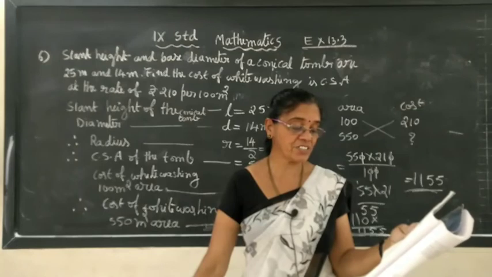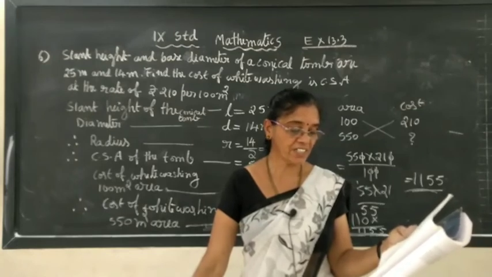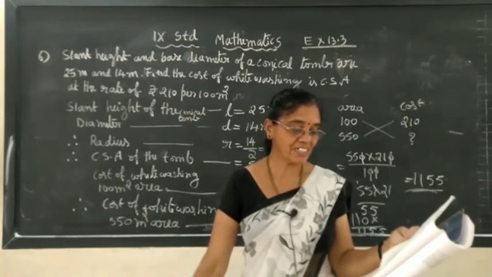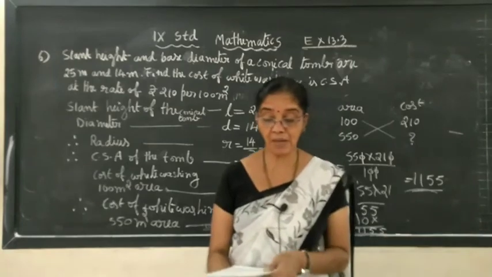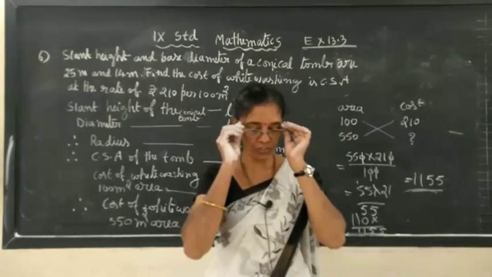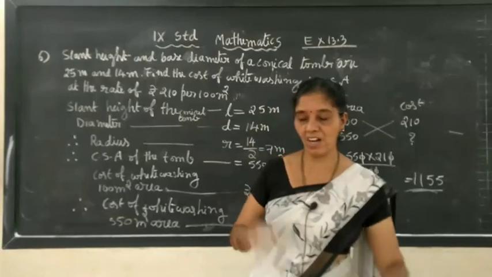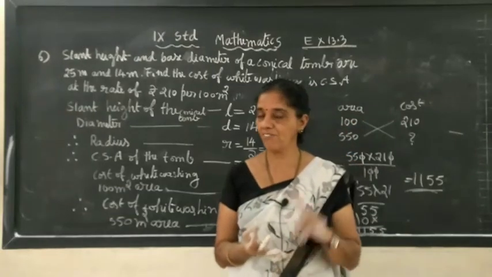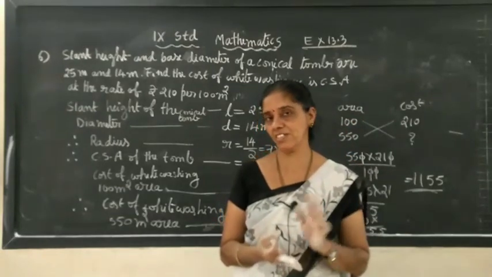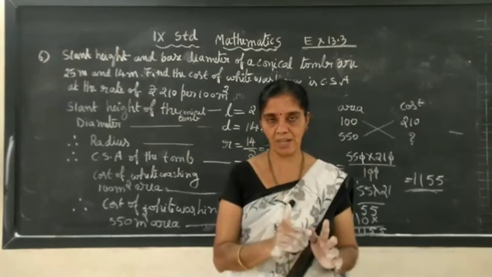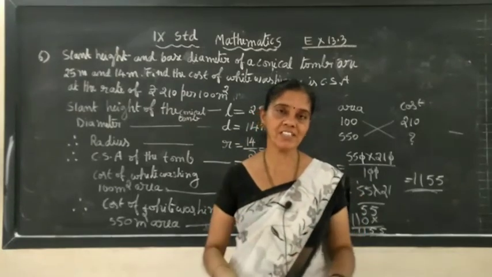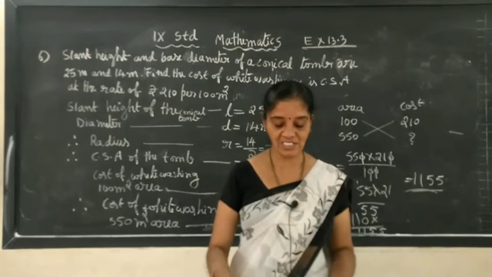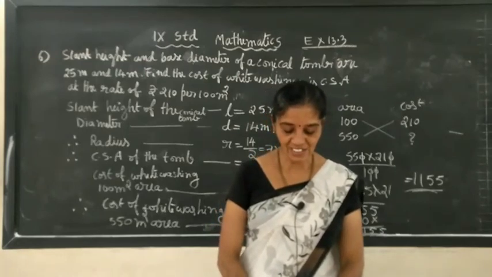Using this r and h, find the slant height, then find the area of the sheet required to make 10 such caps. While making the cap, there is no base, so you have to find the curved surface area. If r is given and h is given, find L, then find the curved surface area. But that is for one cap. Multiply by 10 to get the area for 10 caps. So try that one, all of you.